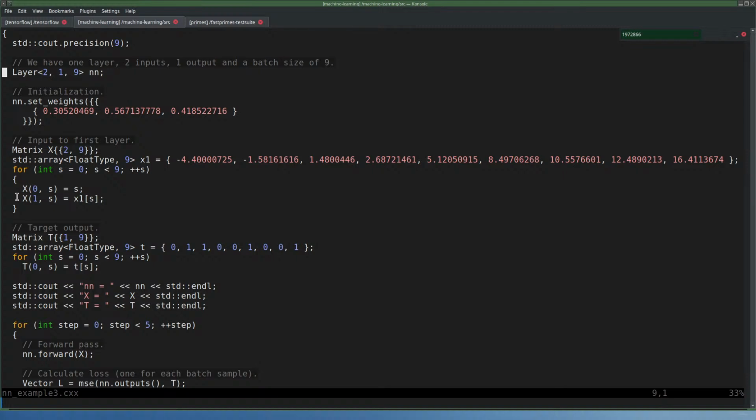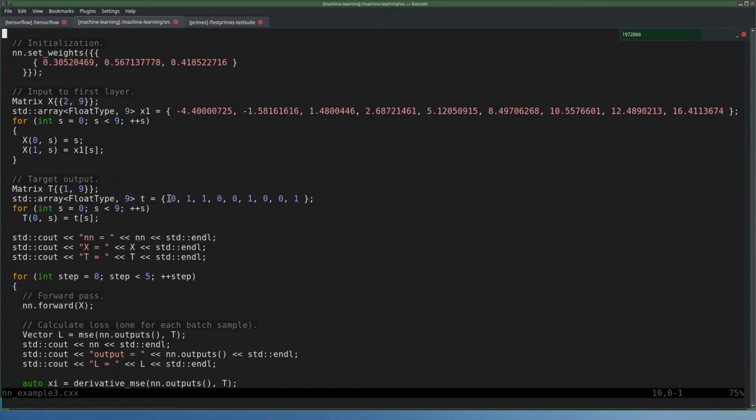I saw that as the Y value, or X1. So S stands for sample of the batch. Got 9 of them. Target output is this list of random zeros and ones.